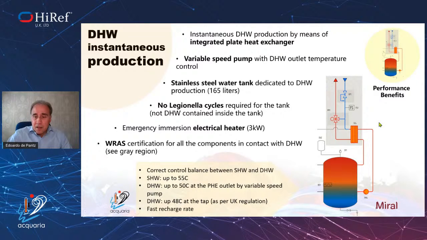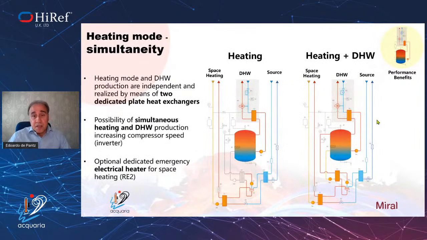The next working function is the heating mode. I want to show you how it works, because it's quite interesting. When there is a space heating request, which can be underfloor, fan coil units or radiators, you see this is the compressor.